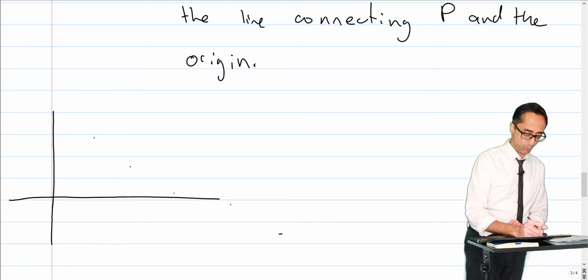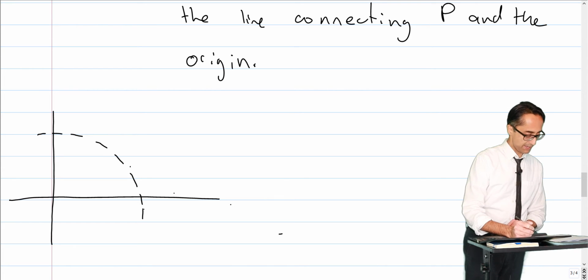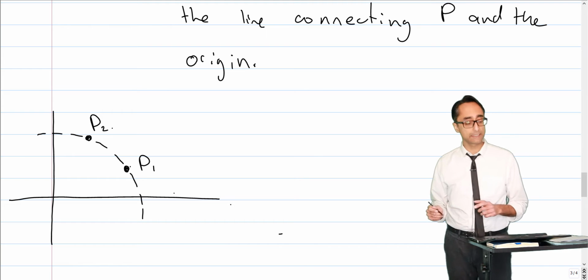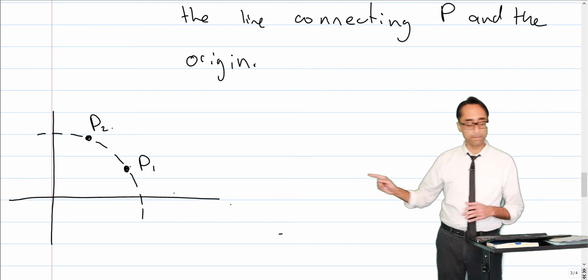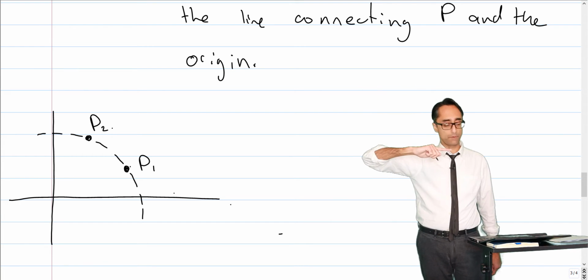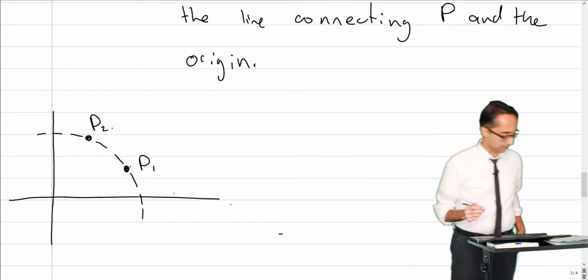And this time we're going to go along a circle. And we'll put 2 points on this circle. Here, we'll call that P1. And here, we're going to call that P2. And so basically, we're going from P1 to P2, around like this.